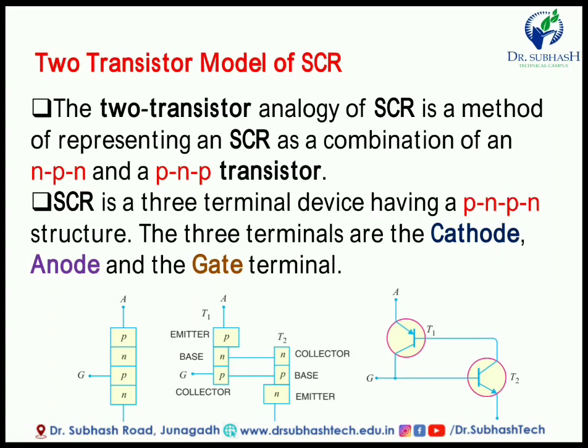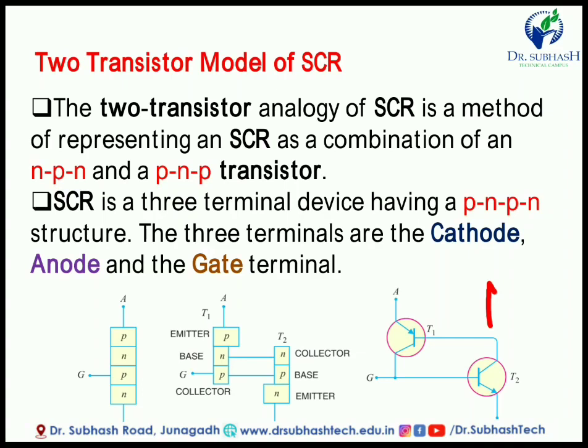In the VI characteristic of SCR, there are different regions. The first is known as reverse blocking mode. The second region is forward blocking mode. The third region is conduction mode, which we will discuss in a later slide.